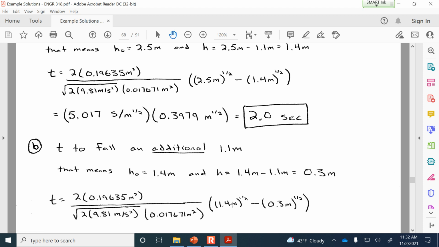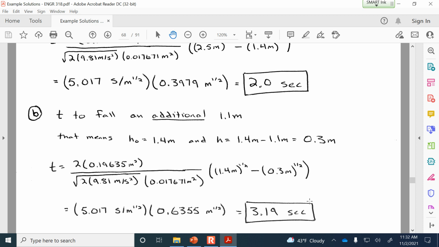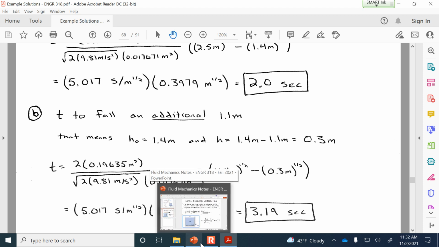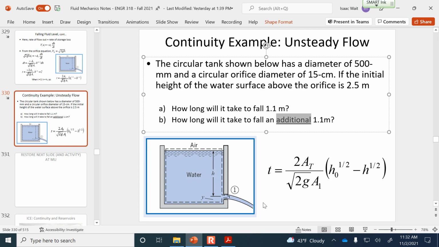So it's just the starting and the finishing height, and so that should be 3.19 seconds. If I'm not mistaken, I believe you have a homework problem that's real close to this example, and there's no reason why you couldn't do it tonight and just get it out of the way while everything's still fresh in your mind.